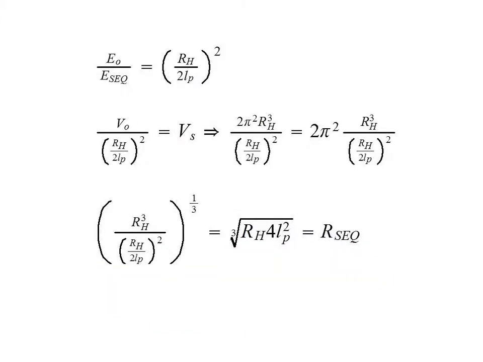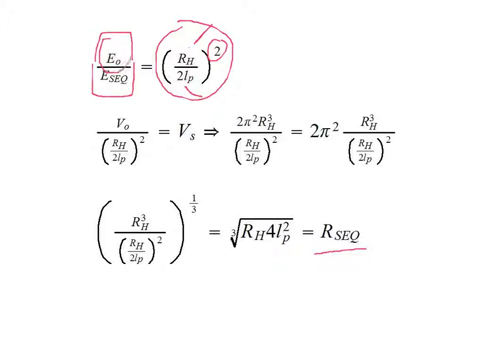The objective is to calculate the radius of the small energy quantum. We'll do it by taking the energy of the observable universe and dividing it by the energy we just calculated for the small energy quantum. And it comes to what we called the large number: R sub h, the radius of the hyperverse, divided by 2 Planck lengths, quantity squared.